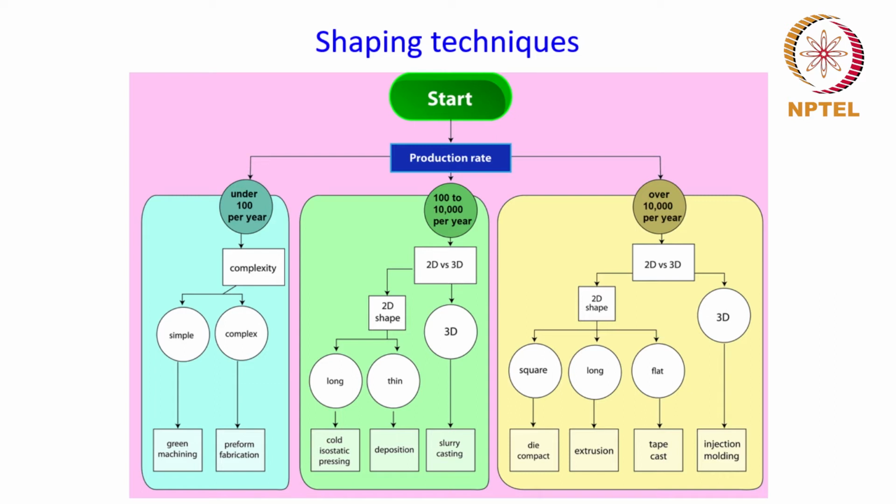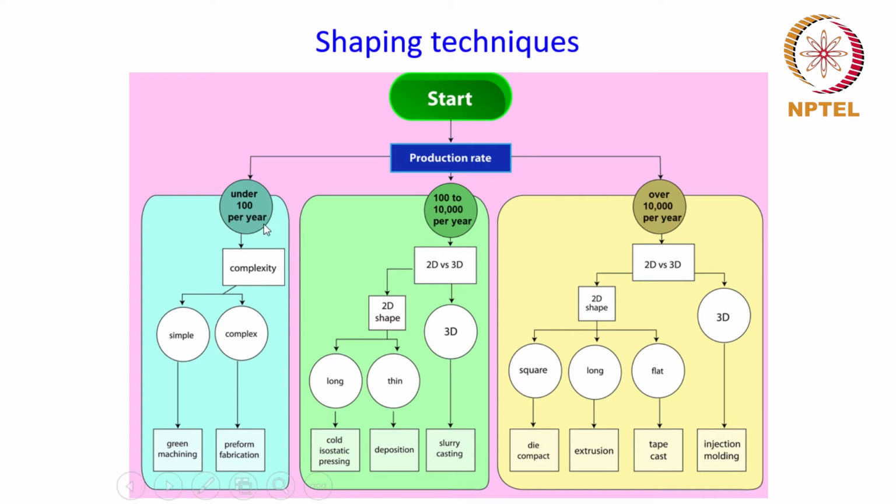So here you can see that the choice of a particular shaping process primarily depends on two factors. One is the production rate and another is the shape of the product and its complexity.